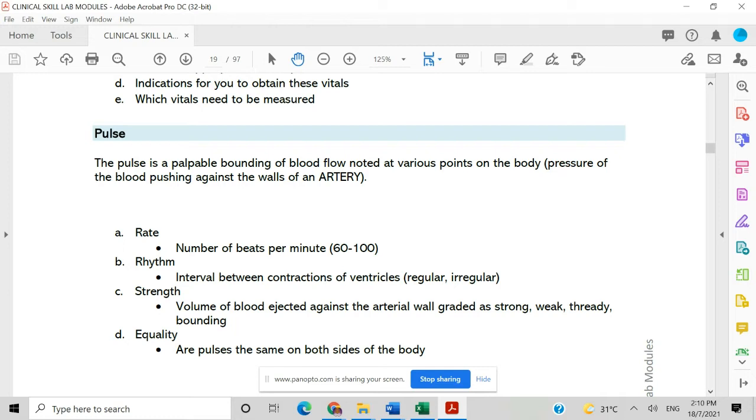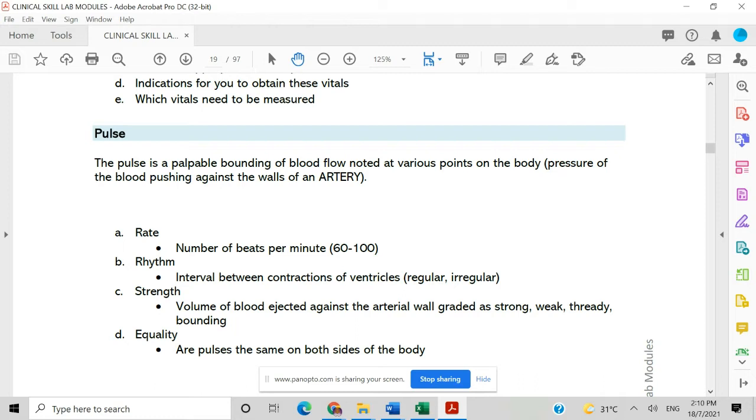For adults especially, know the range, what is abnormal and what is normal. For pulse, you need to know the location where you take the pulse, and the numbers, the rate. Rhythm, strength, and equality are not as important as rate. You need to know rate most importantly, but if you know rhythm, strength, and equality, it would be better because you can diagnose more and get more information from your patients.